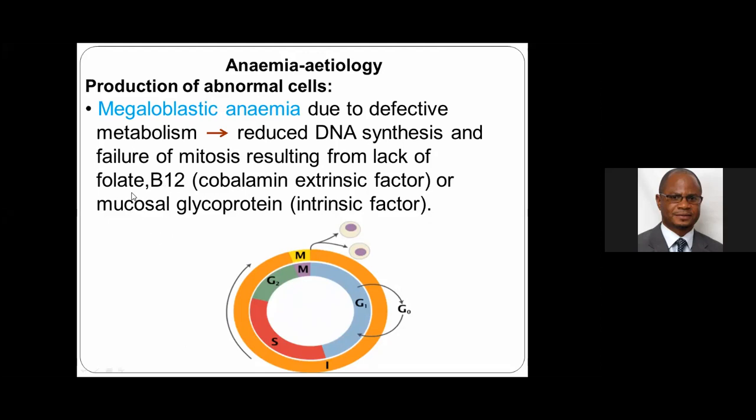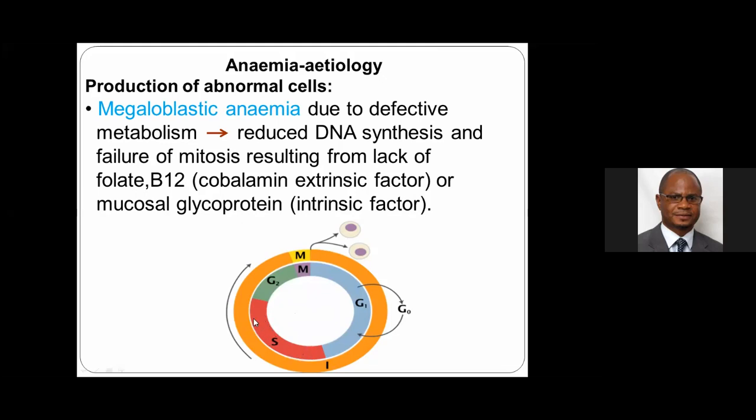deficiency state. And this B12 deficiency could be a result of lack of intrinsic factor produced by the stomach parietal cells, okay? If intrinsic factor is not available, your body will not be able to absorb vitamin B12, and then it will lead to lack of synthesis, because it is required for DNA synthesis.